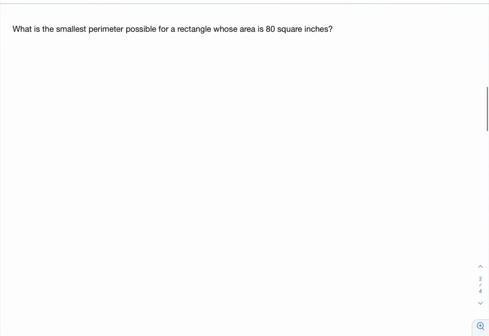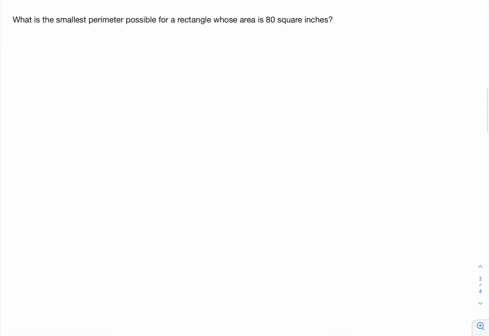So this question here: what's the smallest perimeter possible for a rectangle whose area is 80 square inches? Okay, so let's say a rectangle here. This is our rectangle. And we know that the area has to be 80.